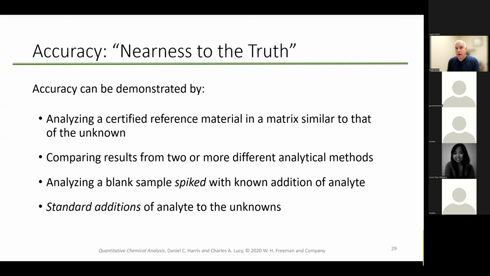Another way to do it is to spike your sample, right? That is to take a sample and measure it repeatedly to know how much your method tells you is there, and then spike it with a known amount of analyte.